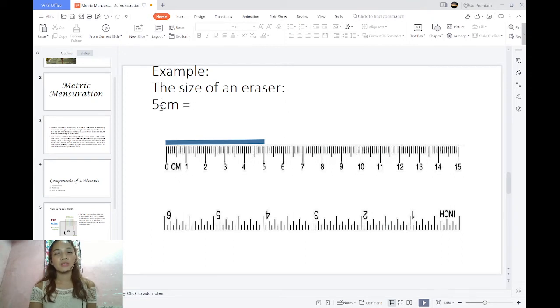We have 5 centimeters, and as I have said, we must multiply centimeters by millimeters. 1 centimeter is equal to 10 millimeters. So we must multiply by 10. We have here 5 centimeters times 10 equals 50. So let's check if it is 50.